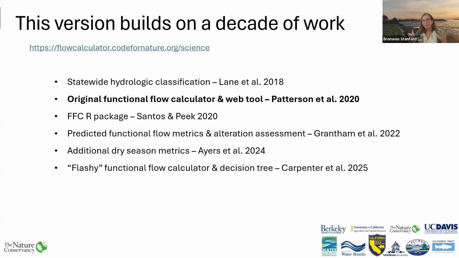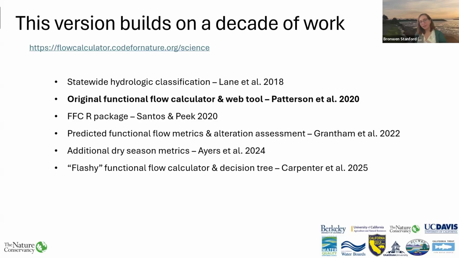So it integrates our statewide hydrologic classification, describing some of the variety of stream types across the state, which it uses to adjust the calculator for different parts of the state and hydrologic conditions. It builds heavily on the original functional flows calculator and web tool. We preserved that calculator intact as we moved it forward. There's been an R package that I think a lot of folks have used. I know I've used it a lot to access the original calculator. We integrated a lot of those functions.